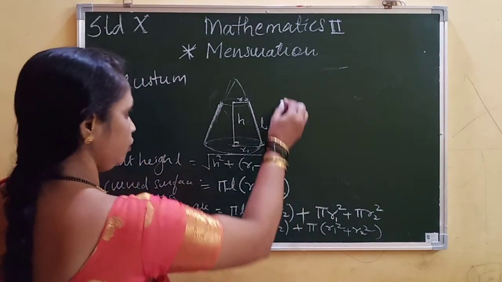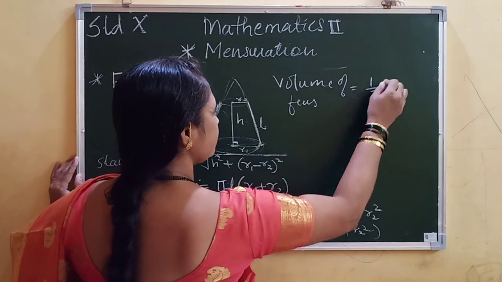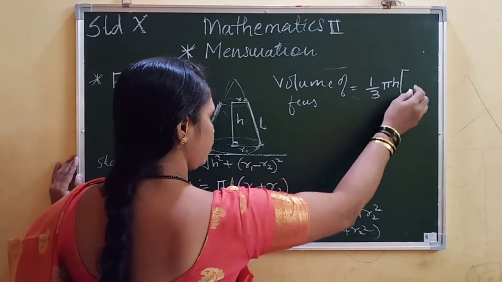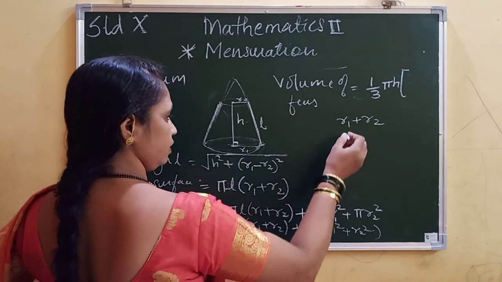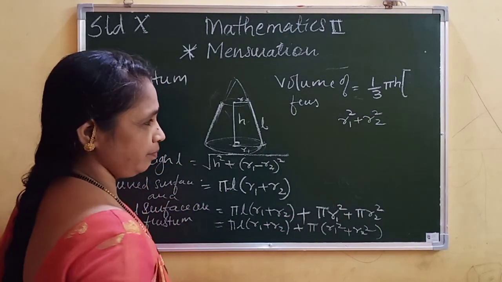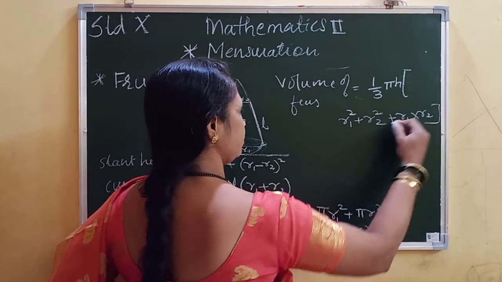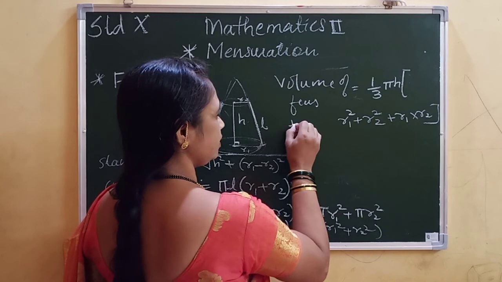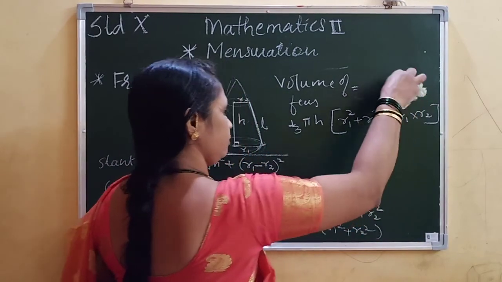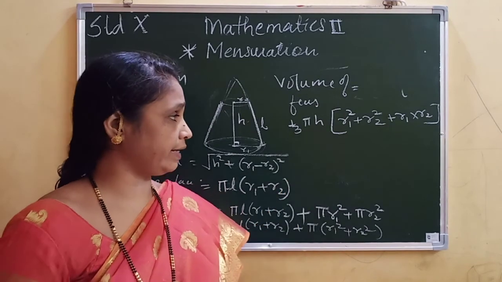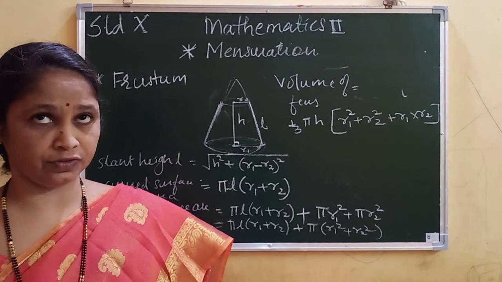So the volume of the frustum is equal to 1/3 pi h, and r here is R1 plus R2, so R1 square plus R2 square plus R1 into R2. This is the volume of the frustum: 1/3 pi h bracket R1 square plus R2 square plus R1 into R2.